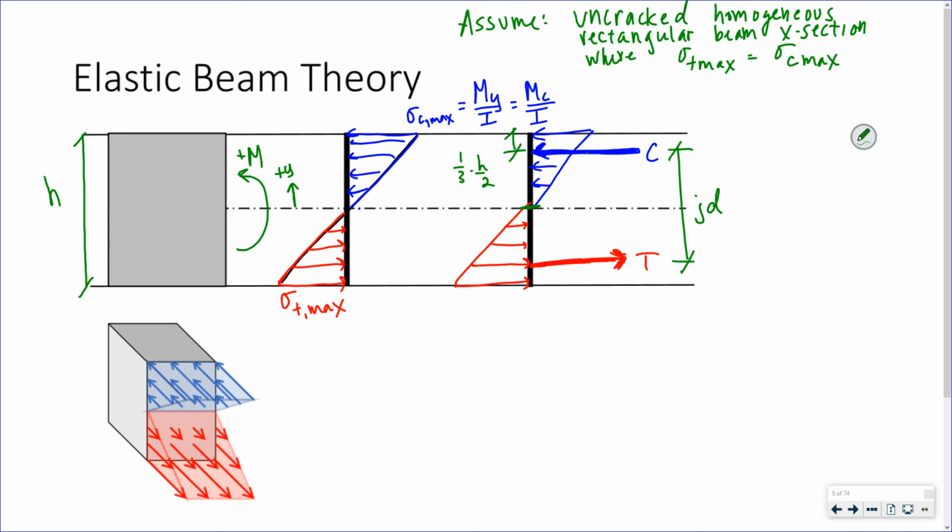So this distance would be 2/3 times h over 2. Similarly, on the other side, because it's symmetric and homogeneous, this would be 2/3 of h over 2. So that distance, JD, is equal to 2/3 h over 2 times 2. So 2/3 times h.